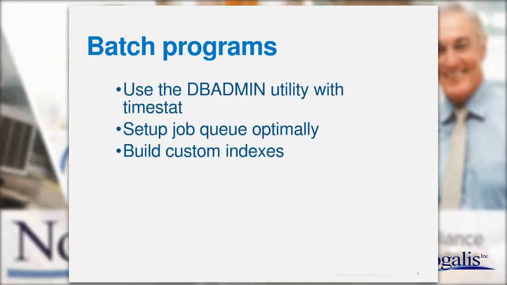There are a few things you can do about your batch programs. Without making any modifications, there's a DB admin utility that works with a tool called timestats. You'll have to look up what these are within Infor Extreme, and there's plenty of documentation. You can actually run DB admin.